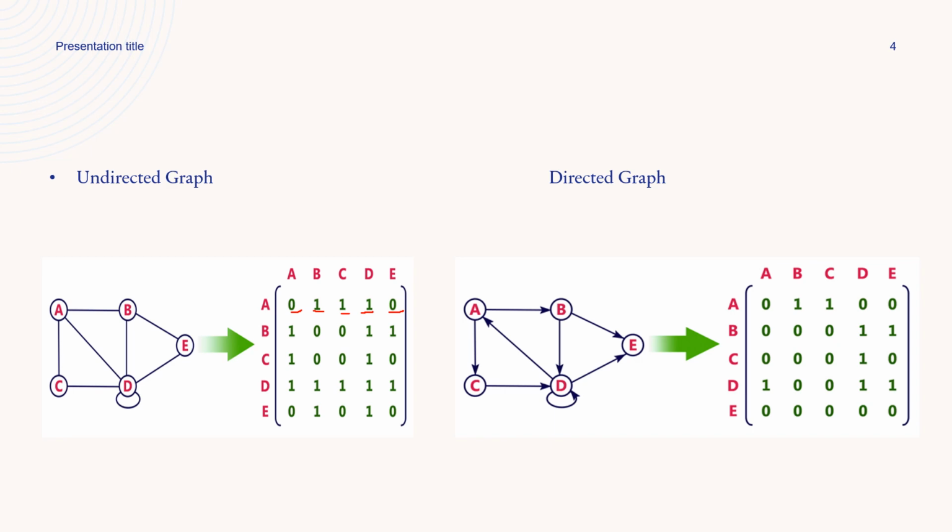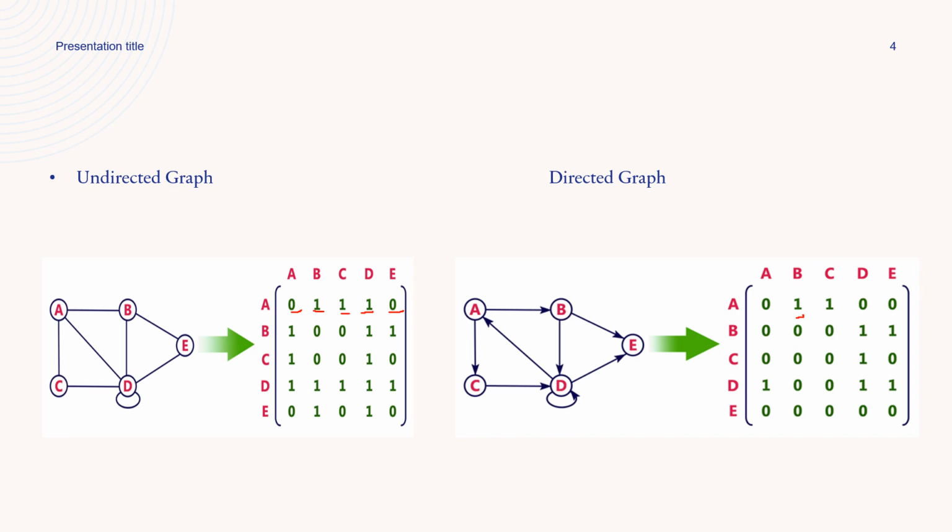Then the directed graph. As the name suggests, a graph which has direction is called a directed graph, which means we need to follow the direction here. The edge between A and B, so we mention 1 over here.